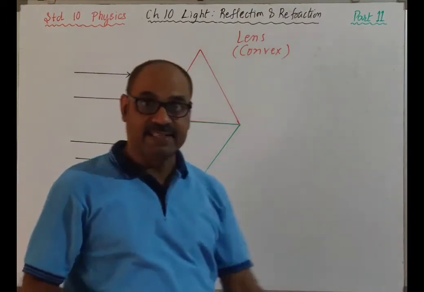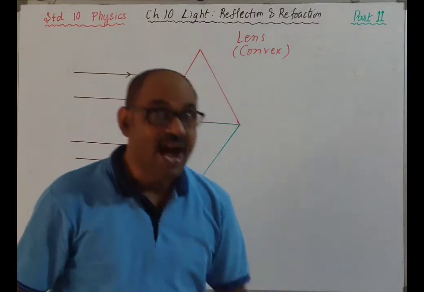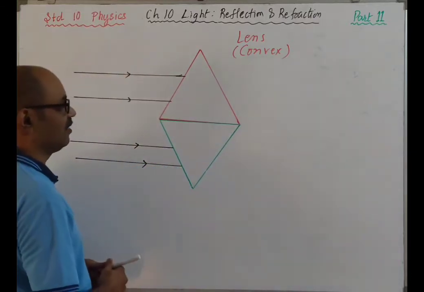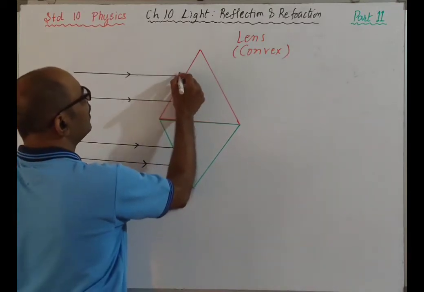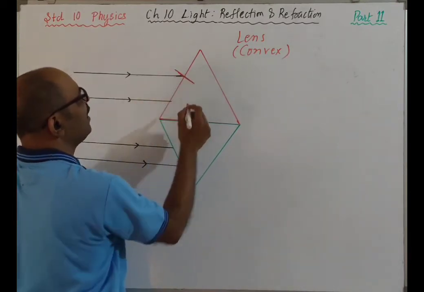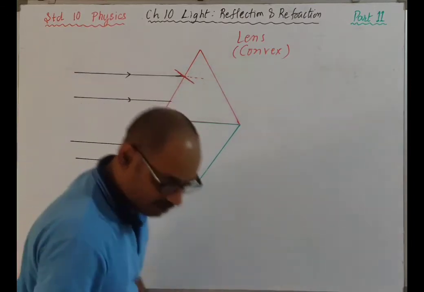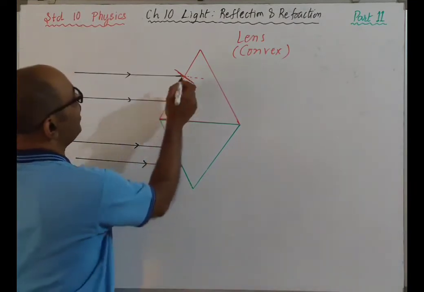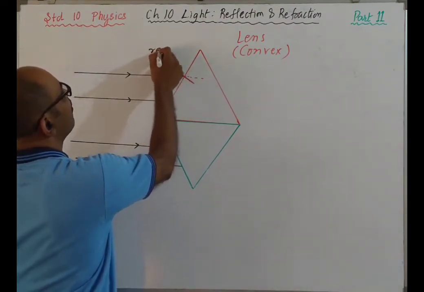All the incident rays that I have drawn are parallel to each other. Let's see how refraction is going to take place. Children, here, this is the normal, correct? Now, instead of traveling straight, it's going to bend towards the normal. Air, rarer medium.